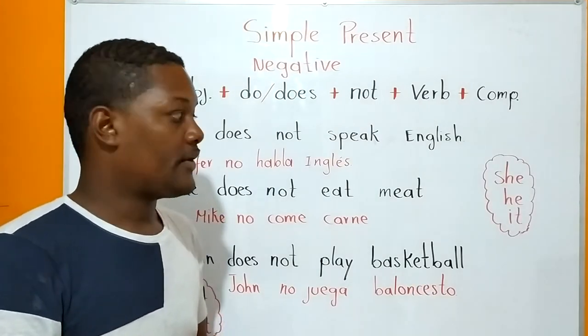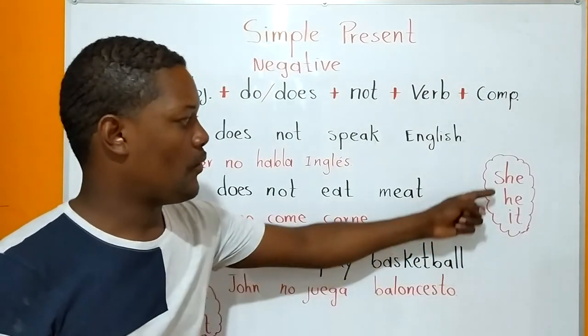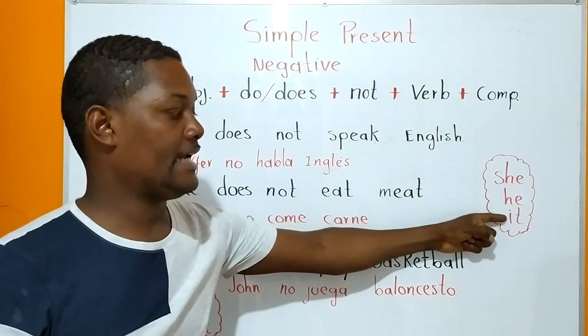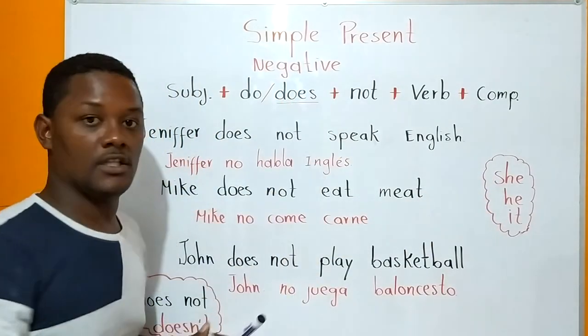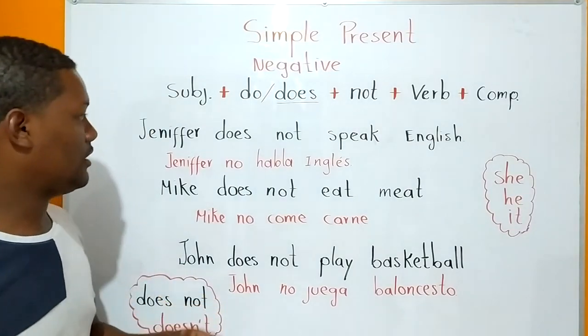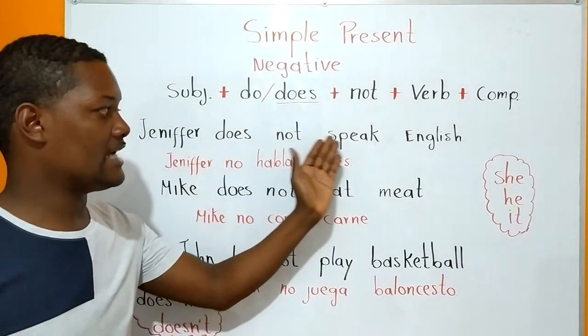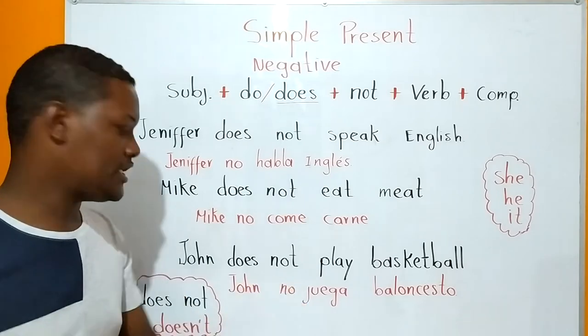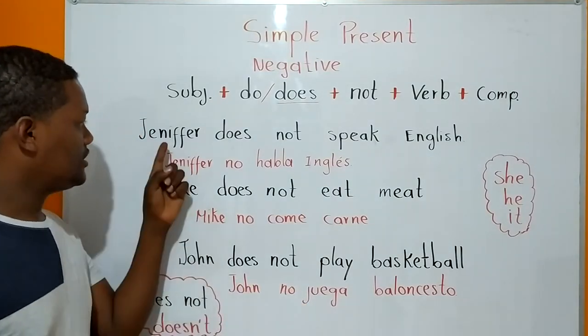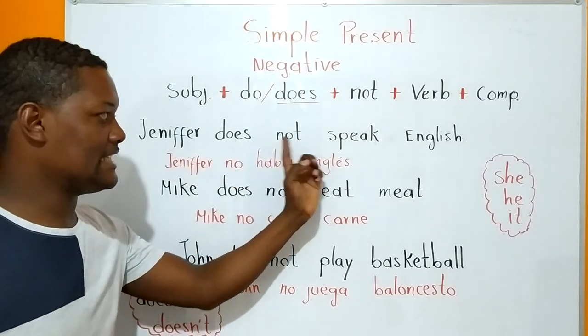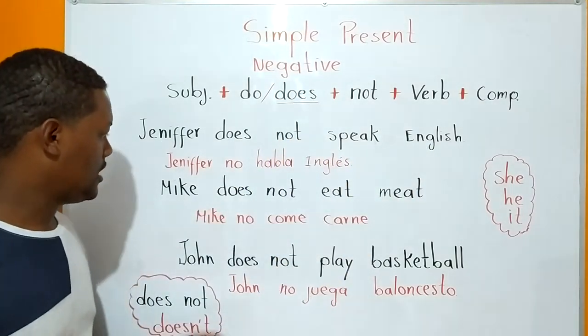Alright, now pay very close attention to this. With she, he, it, we use the auxiliar does. For example, Jennifer does not speak English. The contraction of does not is doesn't. Jennifer doesn't speak English.